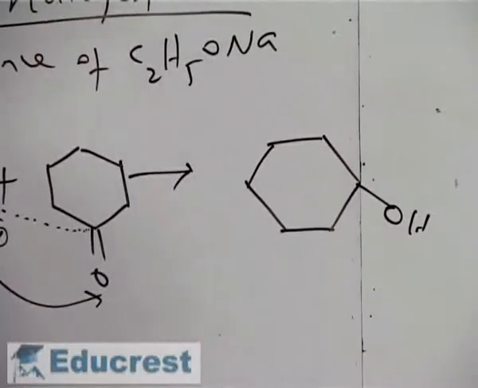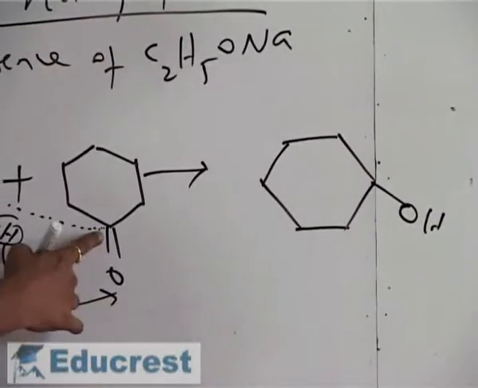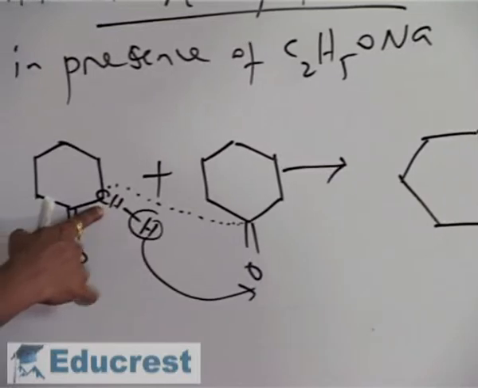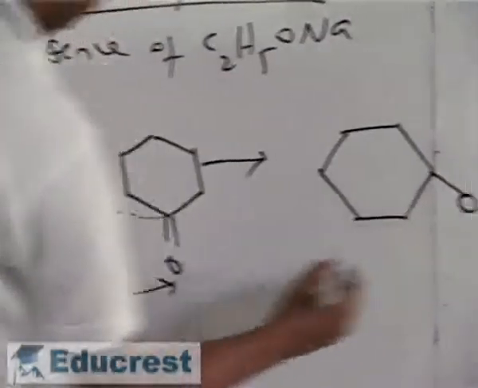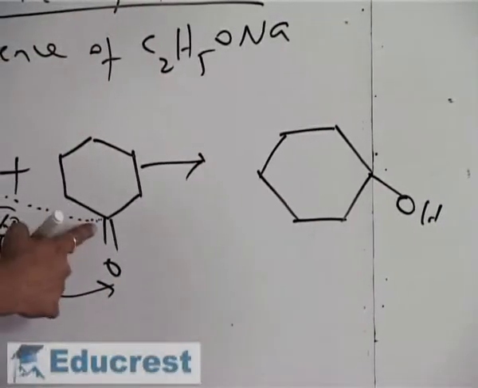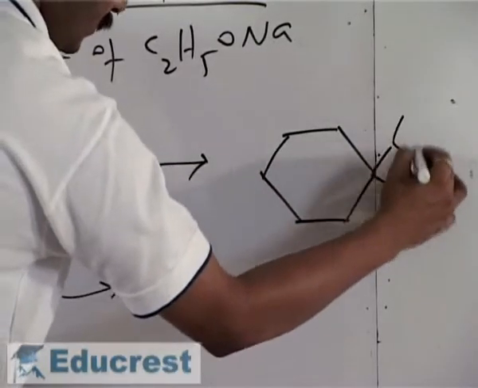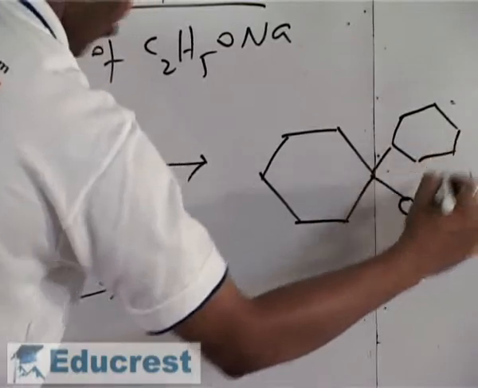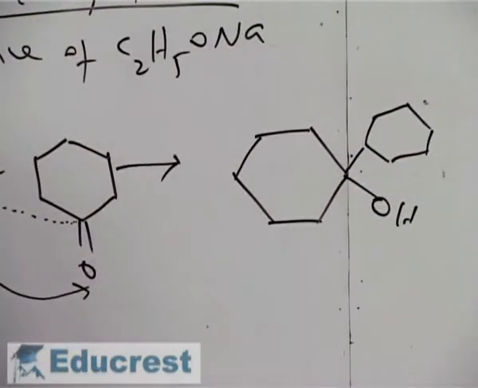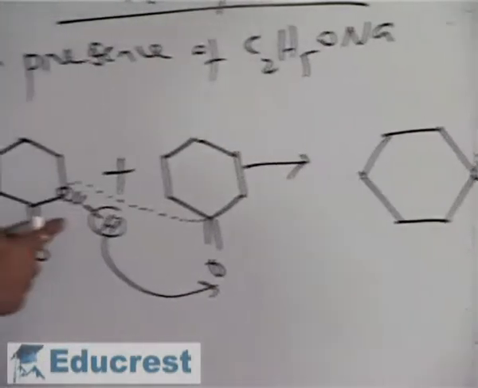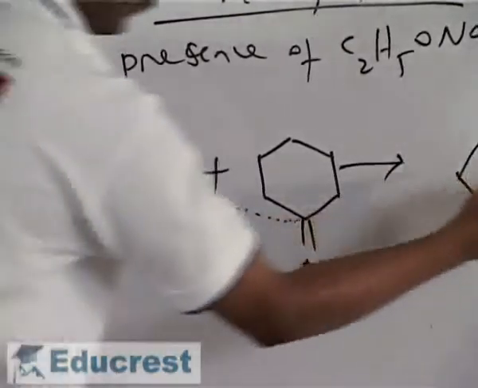Now this hydrogen moves toward this side, now becomes this OH, and between this and this carbon there is a bond formation. Now here you have C double bond O.